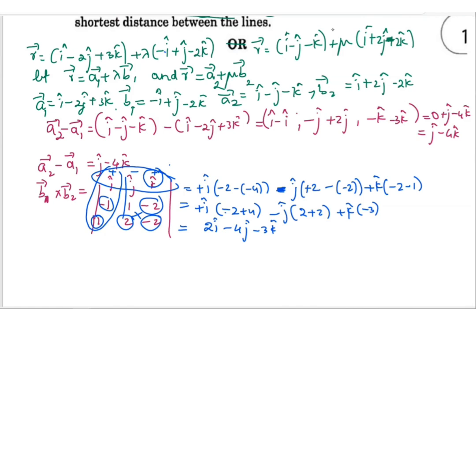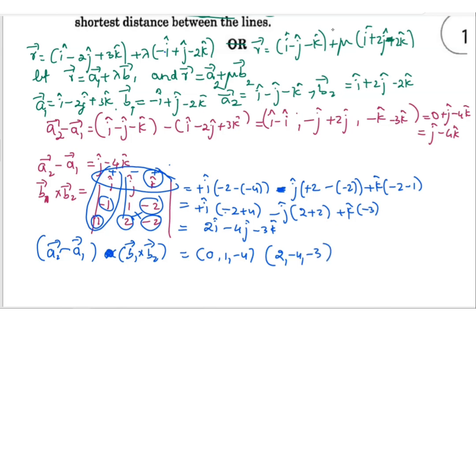Now we have to consider a2 vector minus a1 vector dotted with b1 vector cross b2 vector. That is the dot product, not cross. We just take the numbers: 0, 1, minus 4 dot 2, minus 4, minus 3.